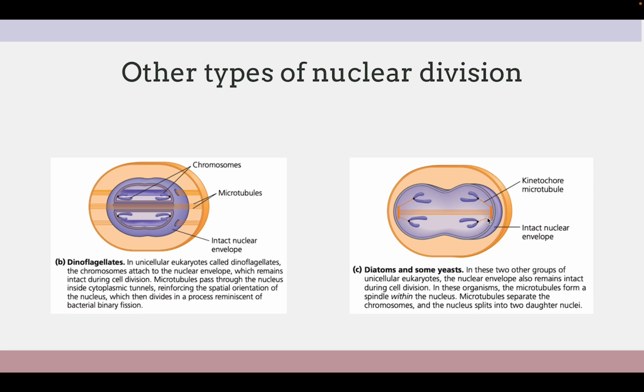And then in diatoms and some yeasts, it's kind of like you're undergoing mitosis within the intact nuclear envelope. You've got your kinetochore microtubules and your non-kinetochore microtubules that are elongating this whole thing. So those are some nice exceptions to know.